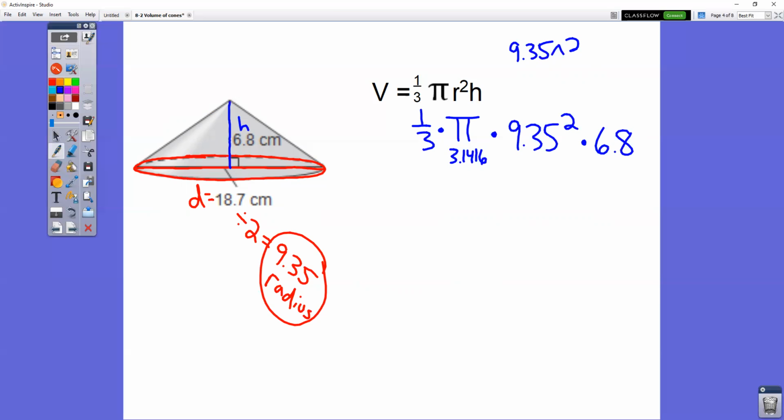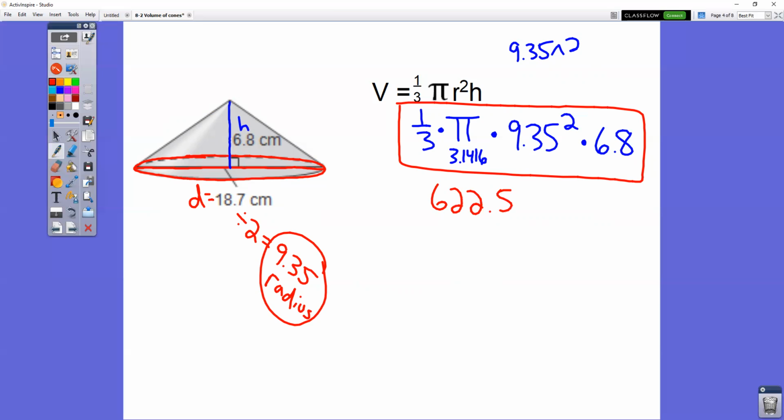So you're going to type this directly into the calculator, all 4 things right into the calculator. So 1 divided by 3, or 0.33333 times pi, or times 3.1416, times 9.35 squared, times 6.8. When you do that, you get a big long decimal answer.